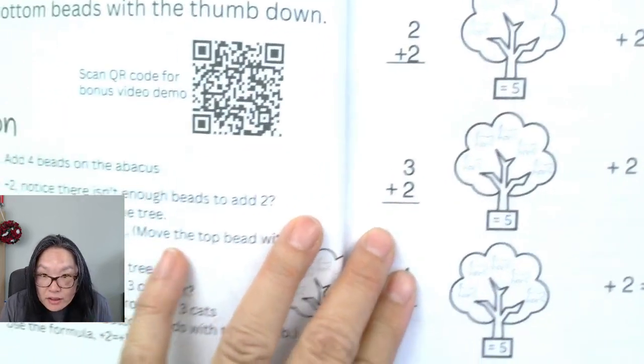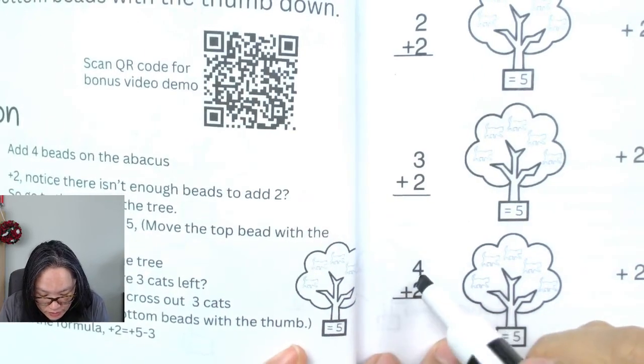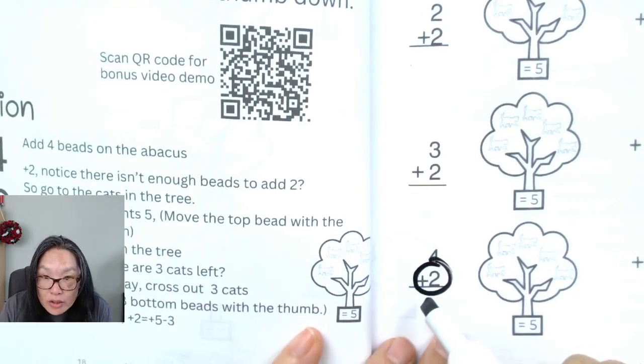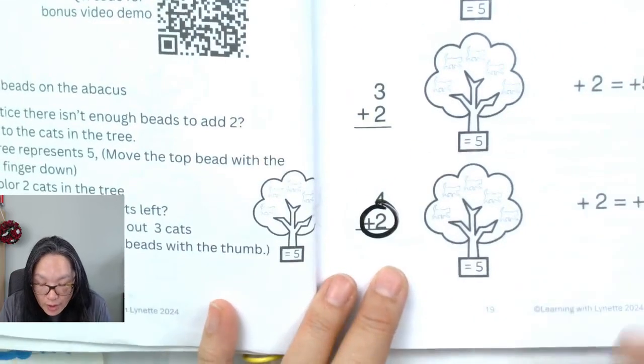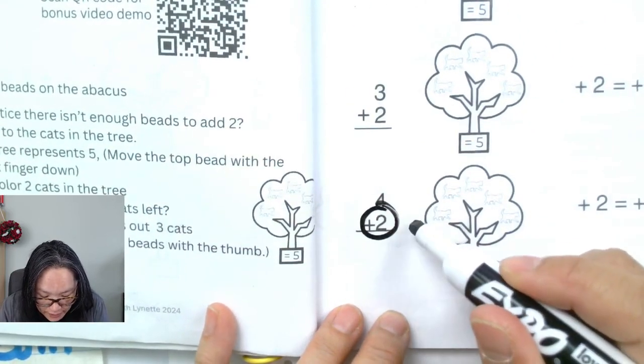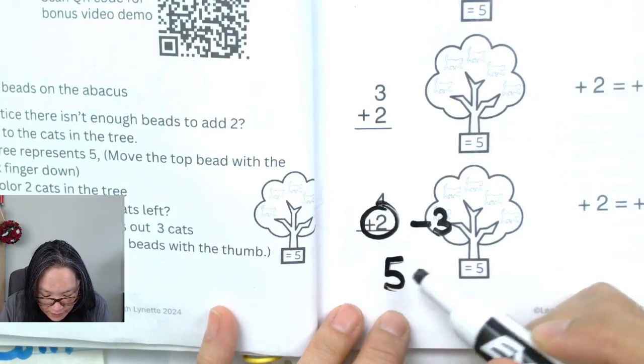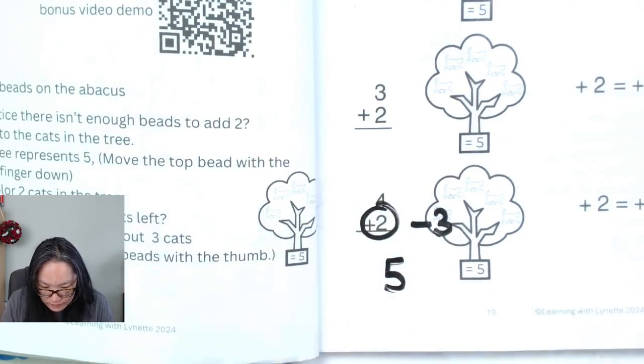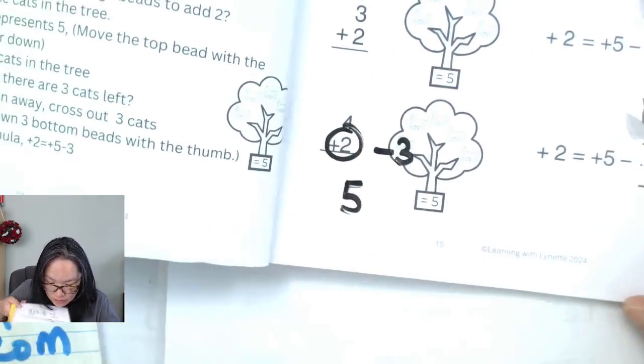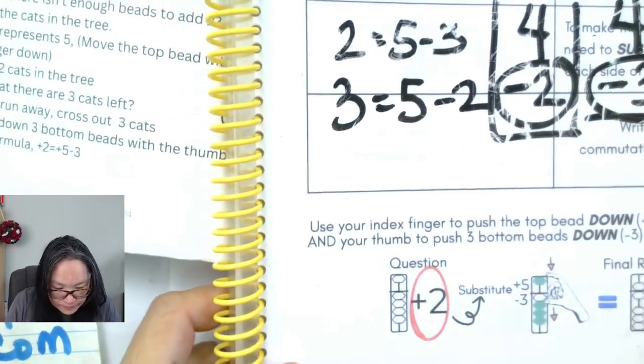We're looking here. You need to use this one. What is the partner of 2? The partner of 2 is 3. So I'm going to take away the 3. That's how I know. If I have the 5, does that make sense?